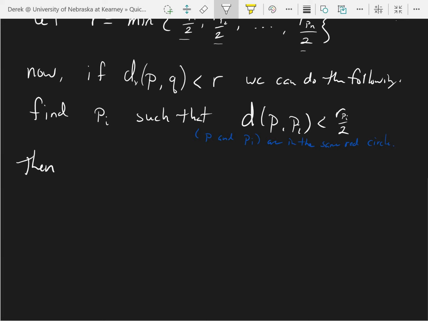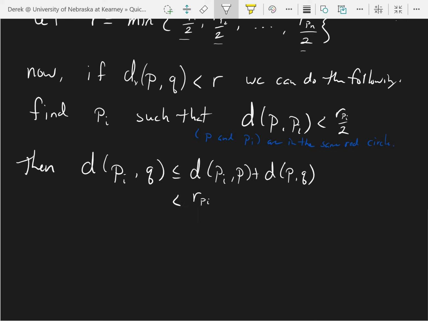Okay, then the distance from Q to P sub I is less than or equal to the distance from P sub I to P plus the distance from P to Q, which is less than R sub P sub I over 2 plus R, which is less than or equal to R sub P sub I over 2 plus R sub P sub I over 2, because R is the minimum of all of those.